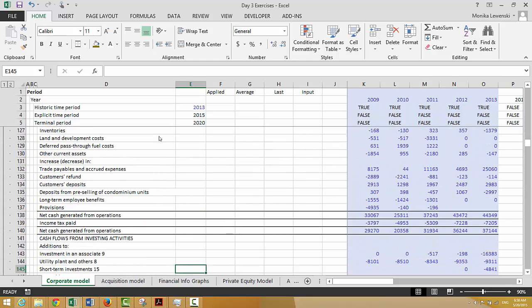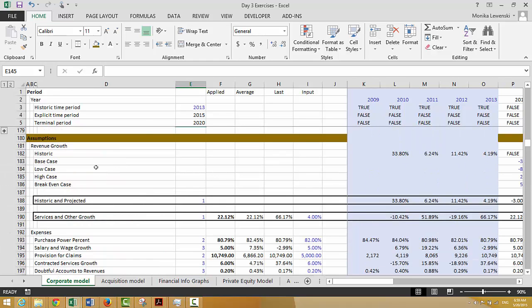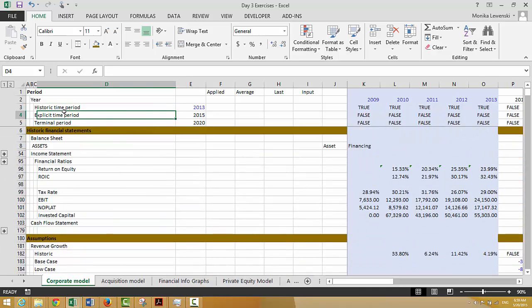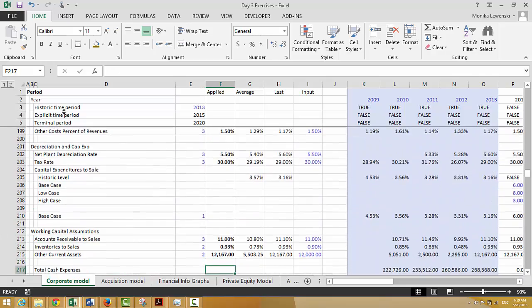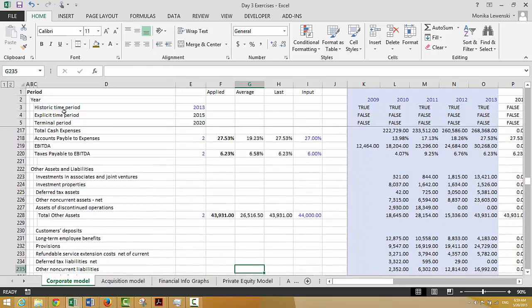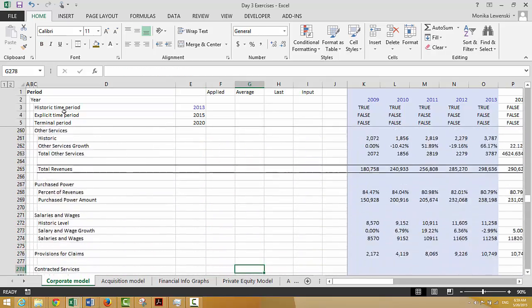I'm going to switch this using Shift Alt right arrow. Then we have all these assumptions that were discussed in another video.